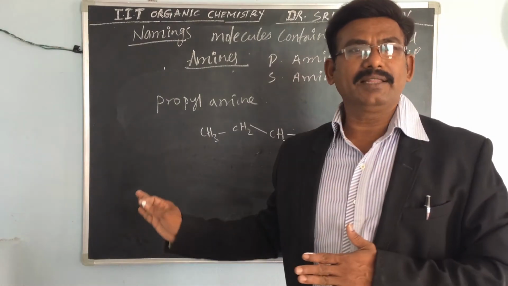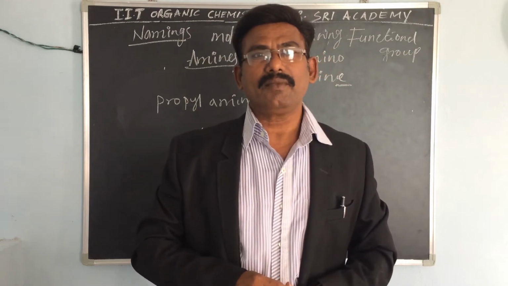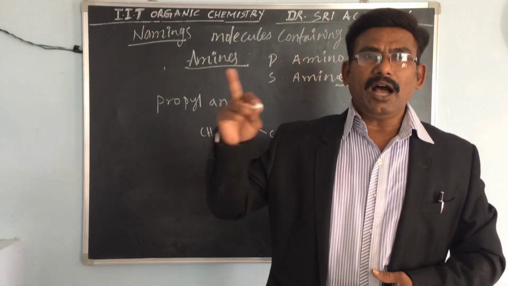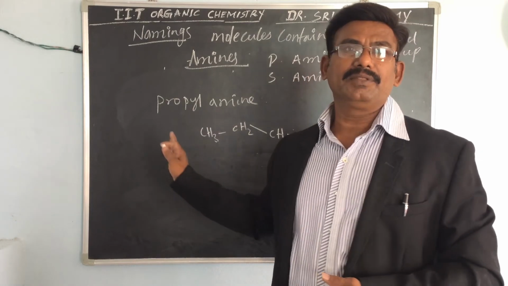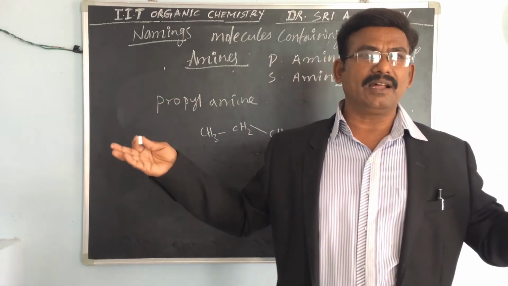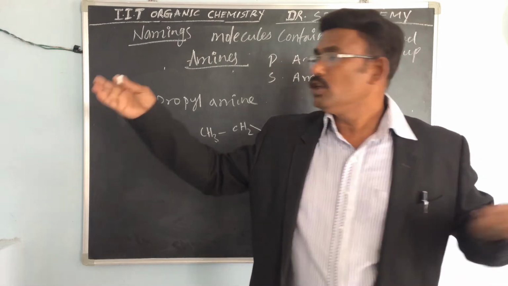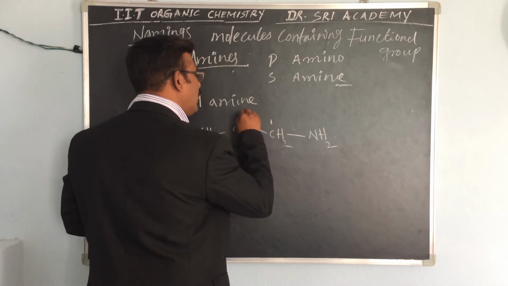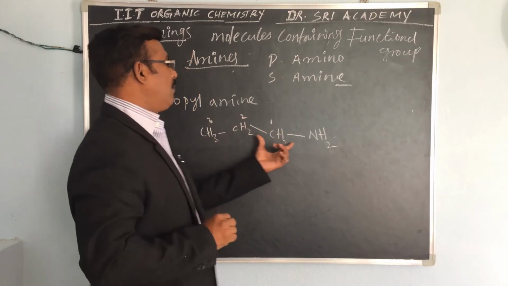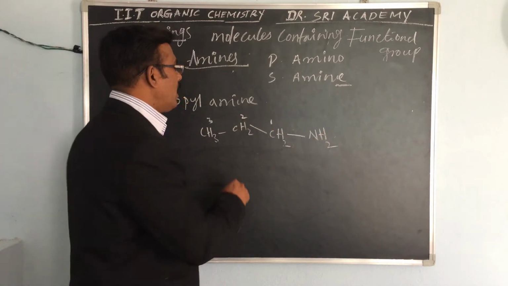So how can you give the namings? Three names are there. One is the common name, propyl amine. Now propane also: three carbons are there, single bond is there, that is called the AN group. So propane. On the first carbon atom containing the amine group, first carbon, so propane 1 amine.